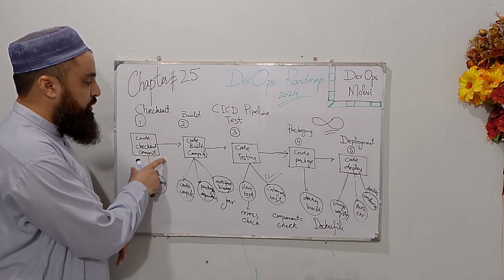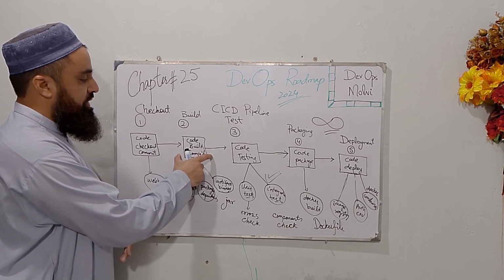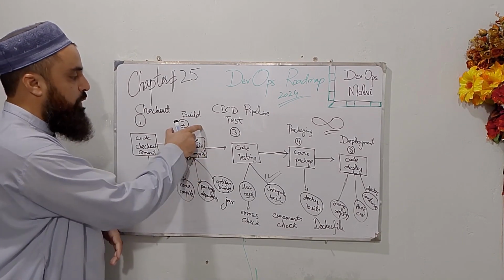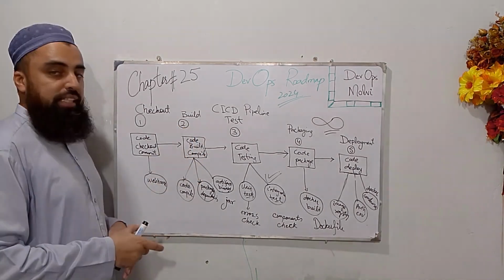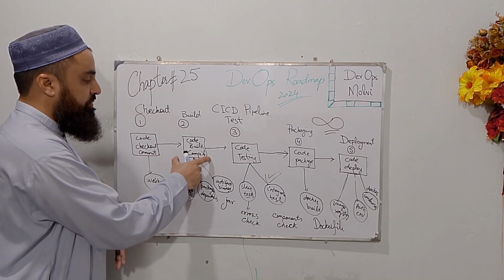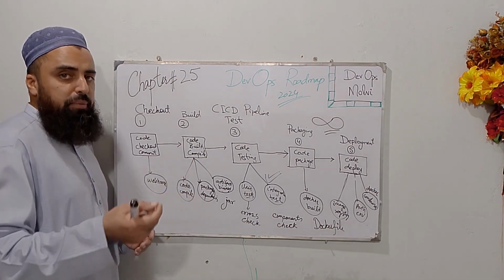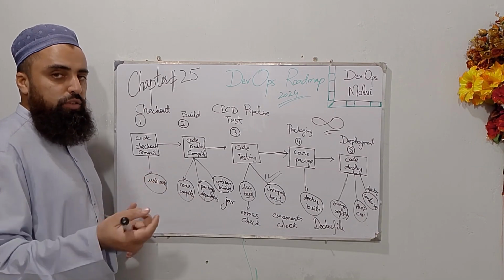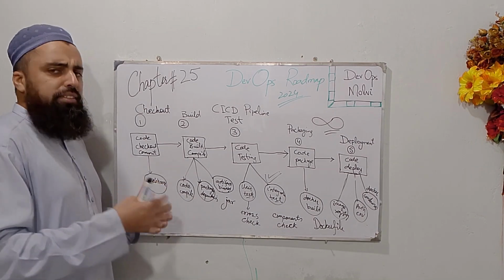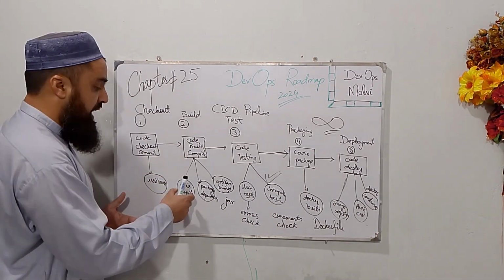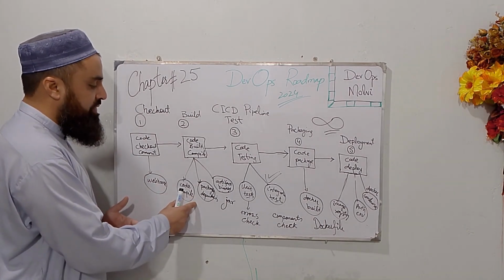Then the code is built in our second stage of the CI/CD pipeline, in which we compile the code. Like I told you, npm install or mvn clean install commands are running at the back end and our code is compiled.